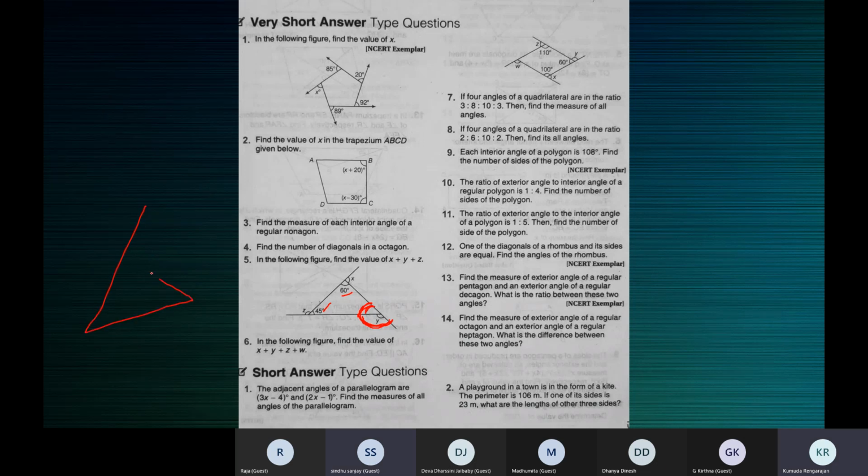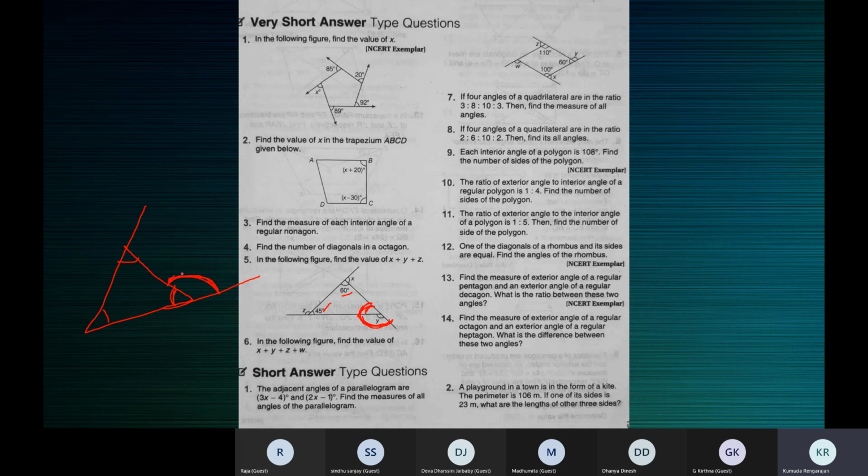We'll take another case. Supposing this side is produced. Now these are the three interior angles of the triangle. Now supposing you have to find this exterior angle. The measure of this exterior angle will be equal to, this is the exterior angle and this is its interior angle.